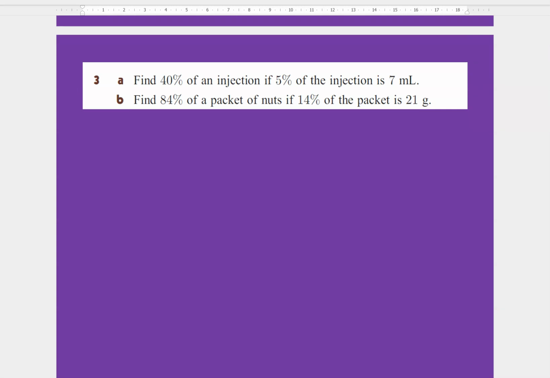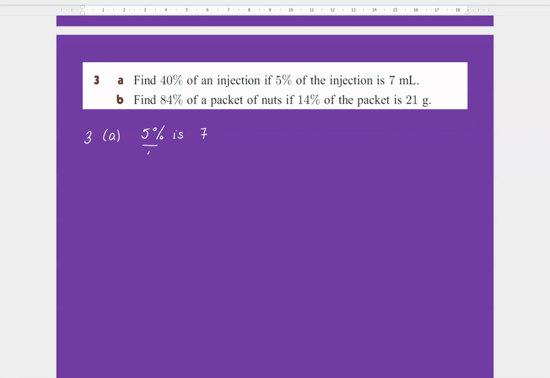Okay, and sometimes we don't want to find 100%, we want to find a different kind of percent. So find 40% of an injection if 5% of the injection is 7 mils. So if we're looking at 3A, we're saying that 5% is 7.